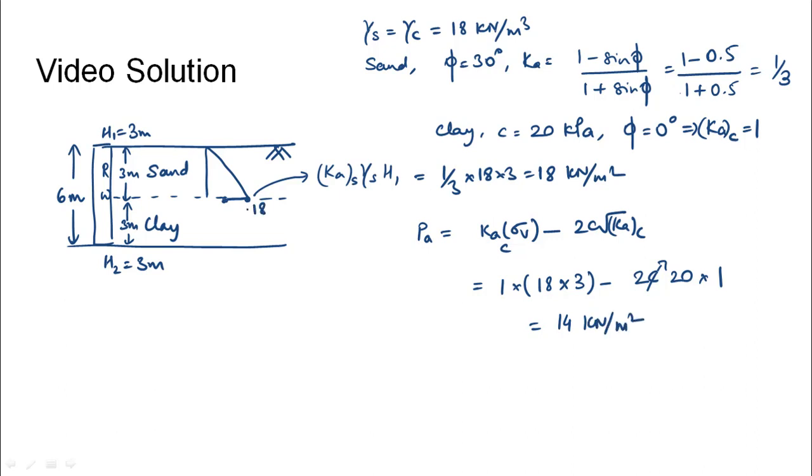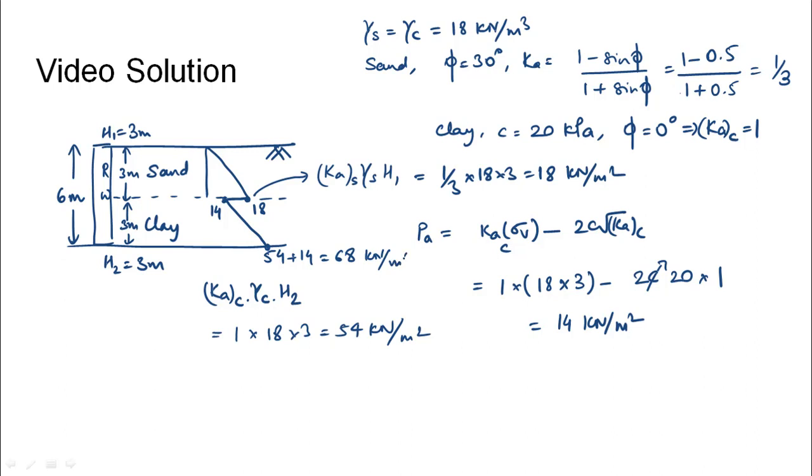So from 18 this value would go to 14 and then it will again increase depending upon the density of clay. So that would become equal to Ka of clay into gamma of clay into the height of the second layer. So that would be 1 into 18 into 3, that would be 54 kilonewton per meter square. But this 54 will be in reference to 14, so that would become 54 plus 14, that would be 68 kilonewton per meter square.